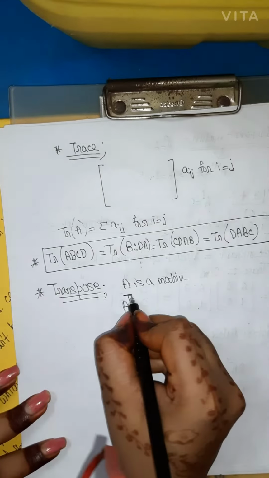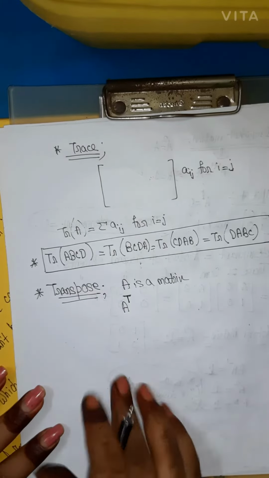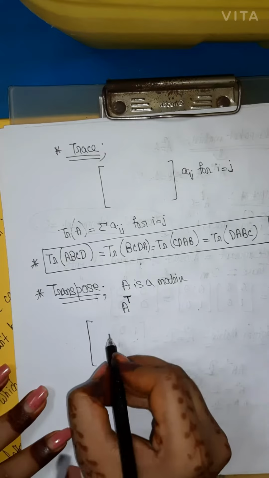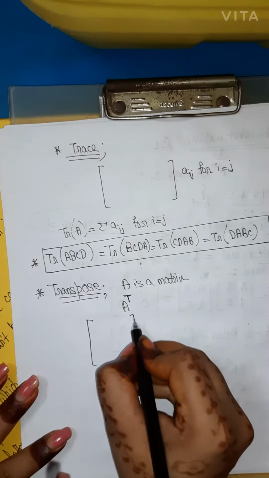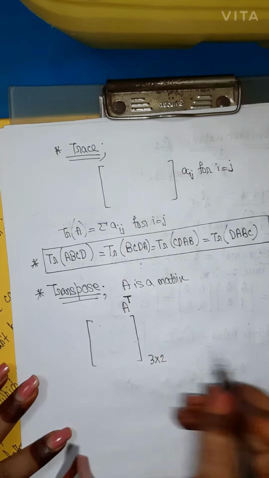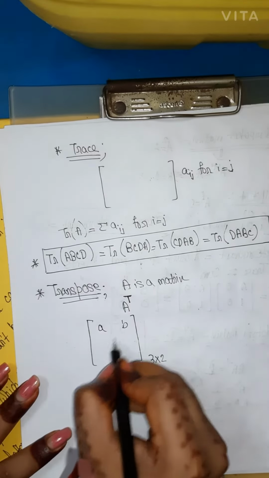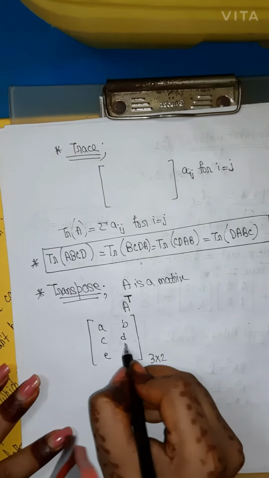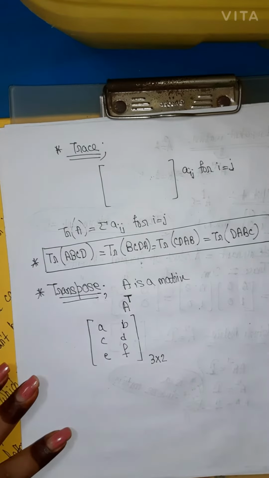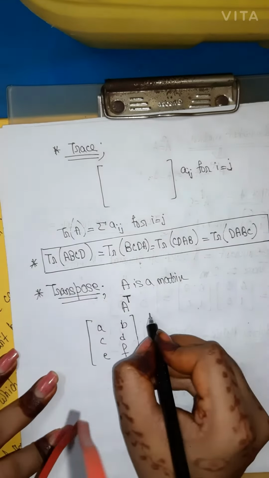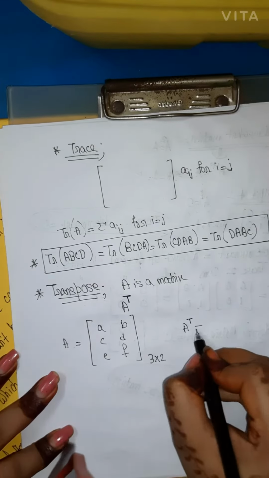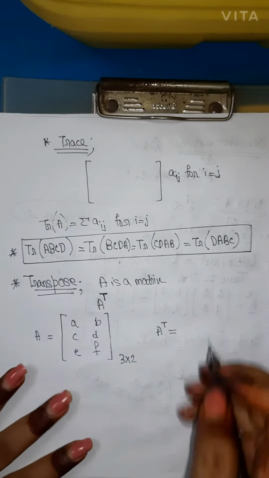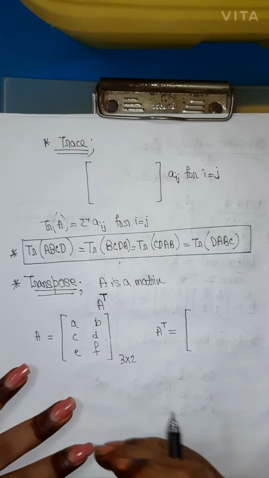Let us say we have a 3 cross 2 matrix with entries A, B, C, D, E and F. Now A transpose is obtained by simply interchanging the rows and columns.